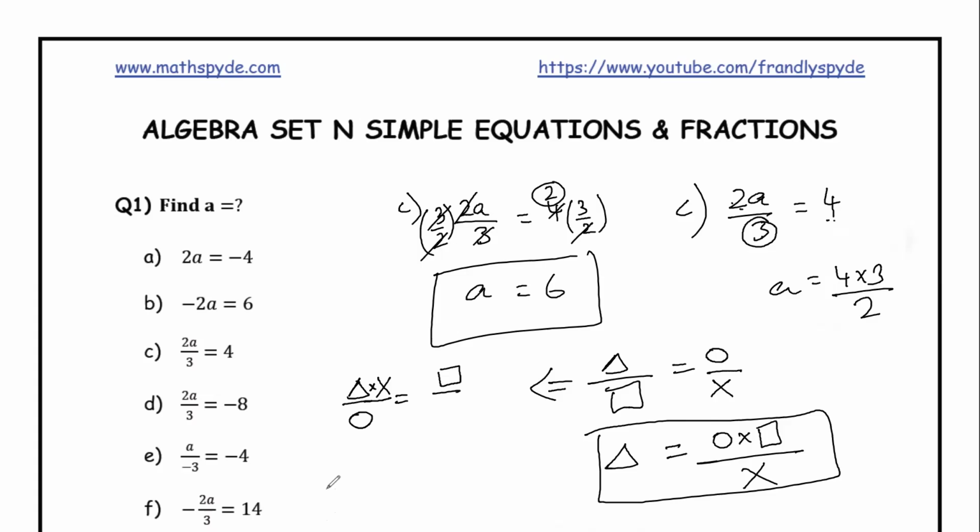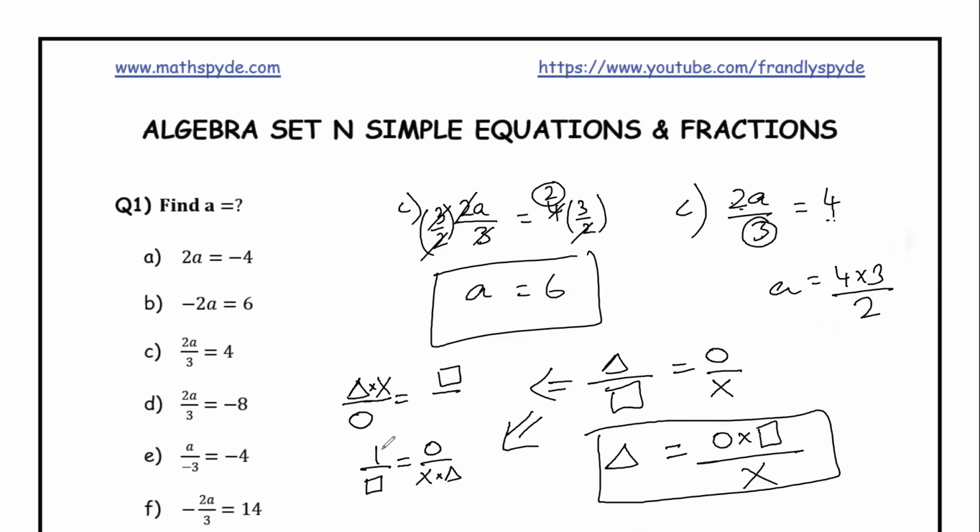Another way to solve this, I'll put it out here. Put the triangle next to the X. So you have the square where it is. Now remember, we are trying to find out the square, okay? So next to the X, like this.